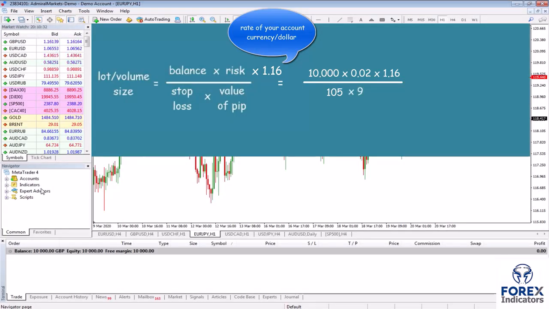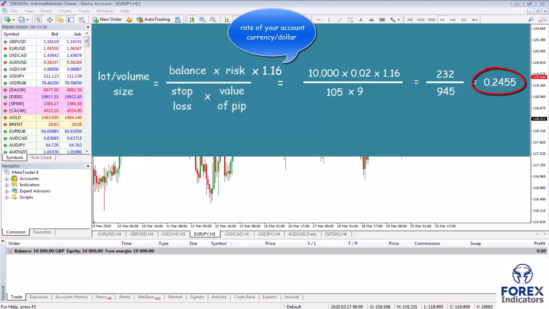I'll enter that amount in the formula and let's see how much it is. 10,000 times 0.02 times 1.16 equals 232. 105 times 9 equals 945. 232 divided by 945 equals 0.2455. So we need to invest about 0.25 lots in the trade in order to risk 2% or £200.